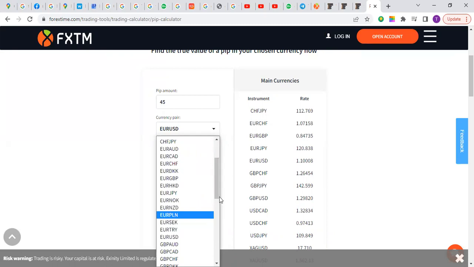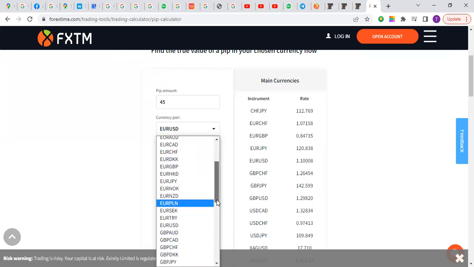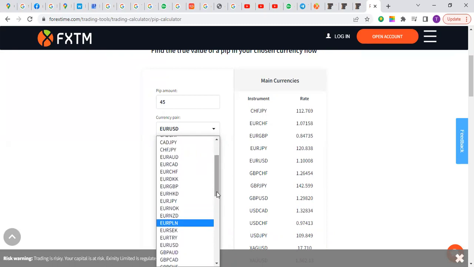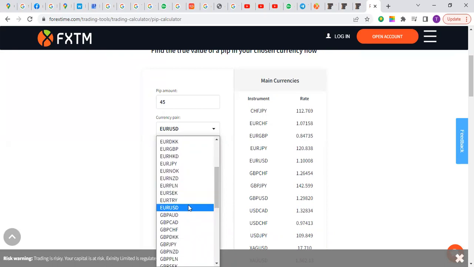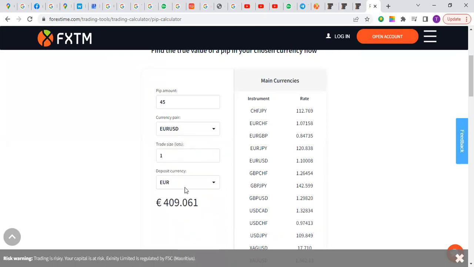When you see the currency pairs you want to trade on, you enter Euro USD and change this to USD. Our account currency is USD.